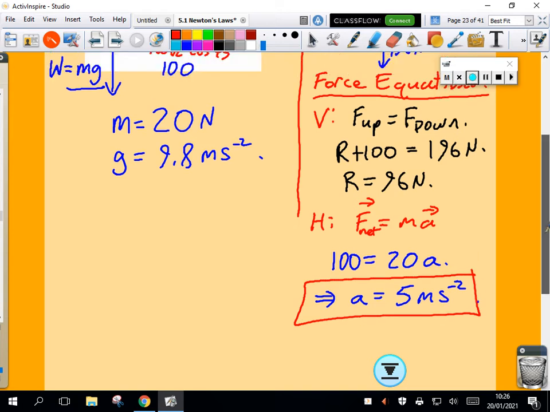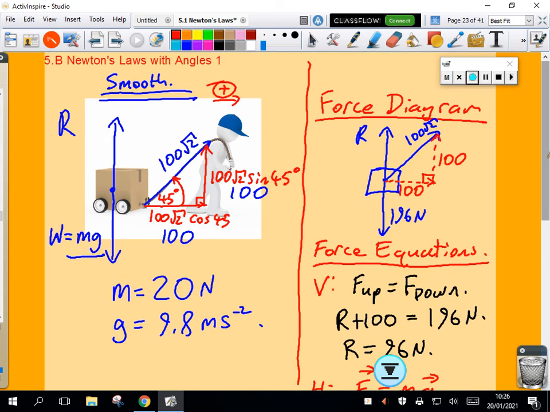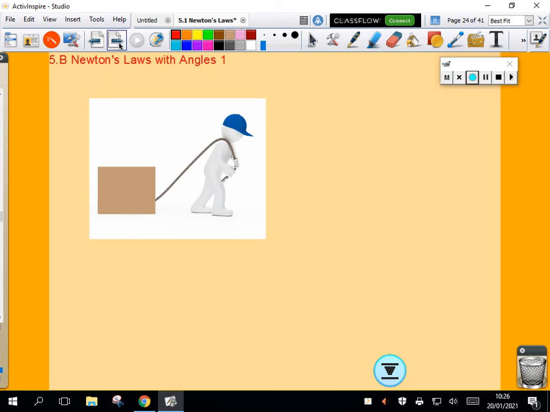Now note, we just looked at a smooth surface, but suppose I look at the same problem, but instead of a smooth surface, we're on a rough surface with friction. And suppose I define the coefficient of friction to be, I'm just going to make up a number, like 1/10. What is going to happen differently?